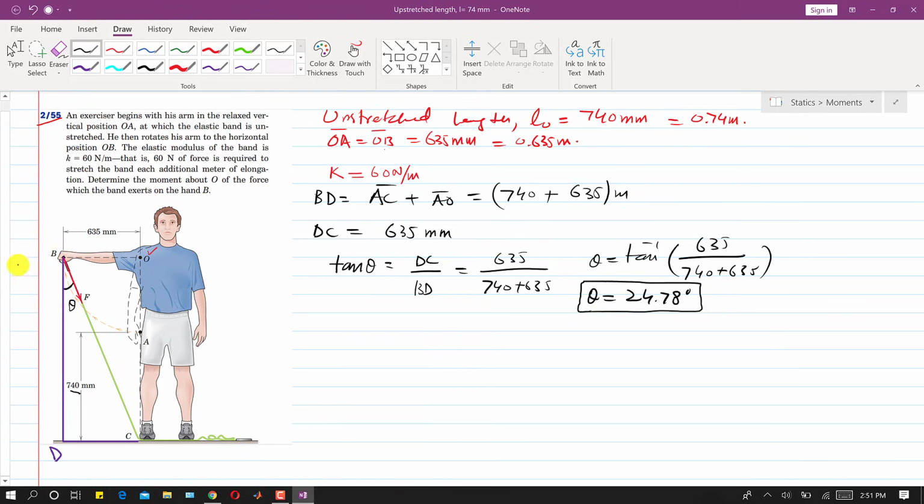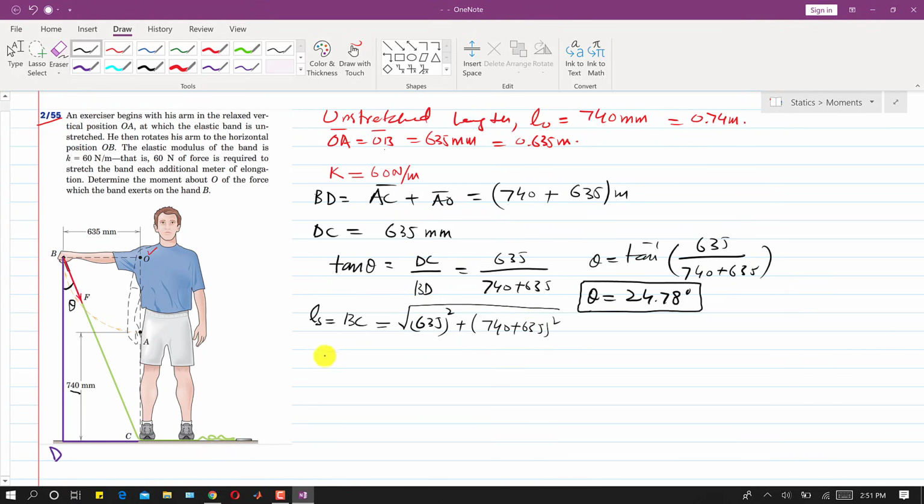And now in this position, what is the stretch length? Let's suppose I write the stretch length of the band, so it will be BC, right? We will calculate the stretch length using this triangle BDC, where BC is the hypotenuse, so we can use the Pythagoras theorem. So BC will be equal to the square root of 635 squared, this DC length, plus BD length, 740 plus 635, whole squared.